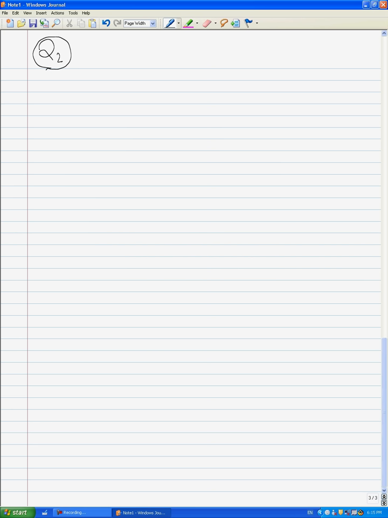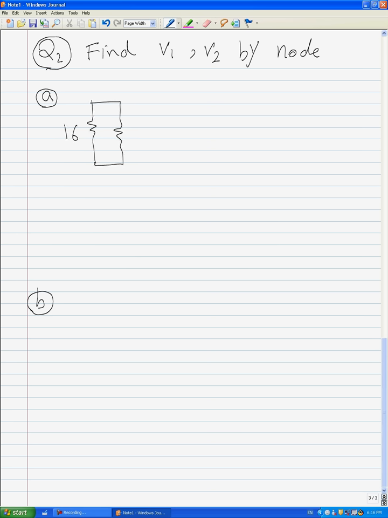In this question, again, we want to find out V1 and V2 by node method for part A and part B. The circuit for part A is like this: 16 ohms here and 16 ohms here and 2 ohms here and 4 ohms here and 3 amps here and reference node here. And also V1 is here and V2 is here.